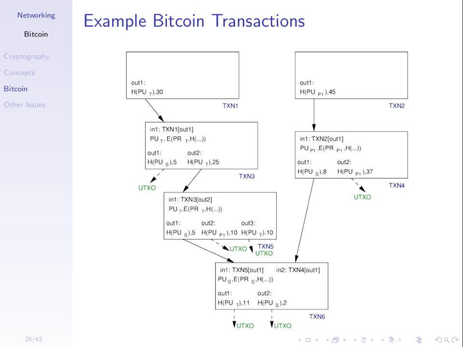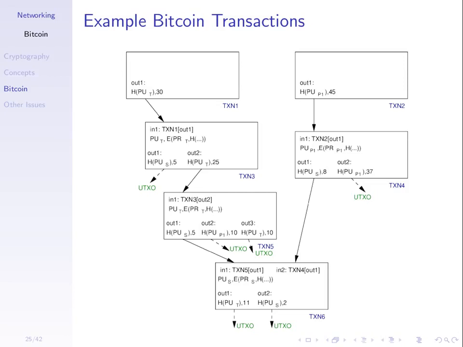This transaction 2 identifies 45 Bitcoin go to Pakini. P1, Pakini has multiple public keys she created, so P1 is one of her public keys. So the hash of Pakini's public key identifies the destination address. Transaction 3, remember Tanarak wanted to send 5 to Steve. So the input refers to the previous transaction.